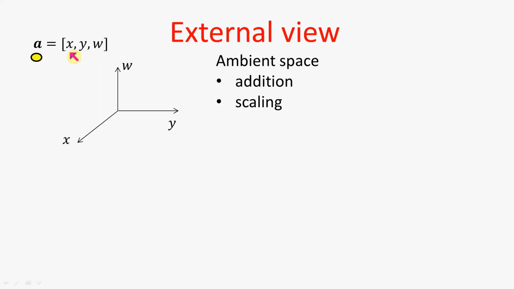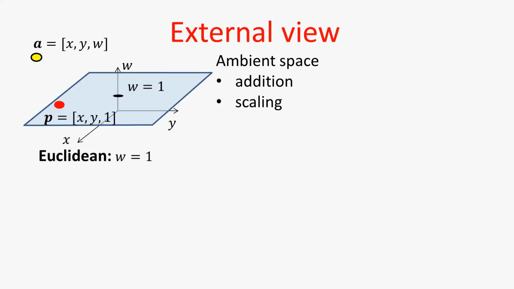So a point in this ambient world is described by three numbers, x, y, and w. And for such points or triplets, we assume the operations of addition when coordinates are added independently, and scaling or multiplication with a scalar when all three coordinates are multiplied by the same number. Different geometries are embedded in this ambient space.